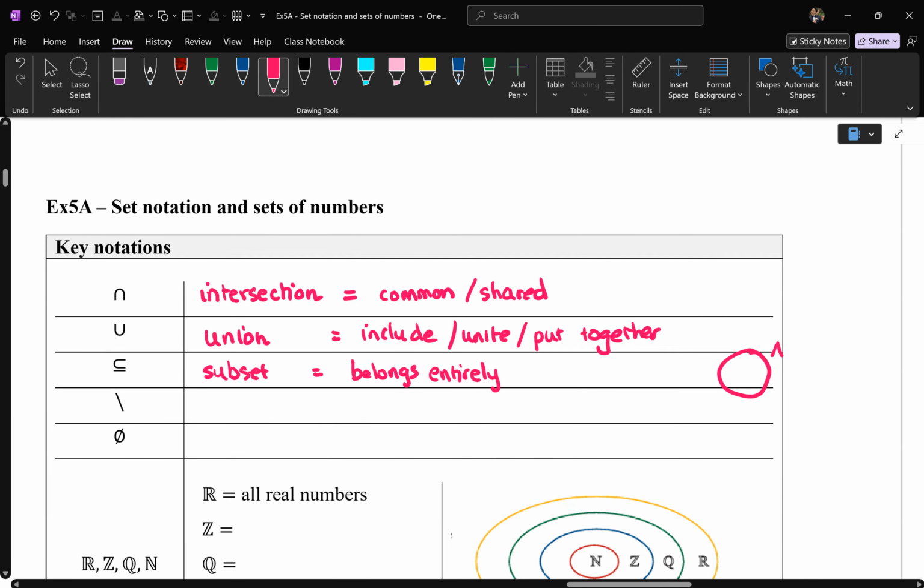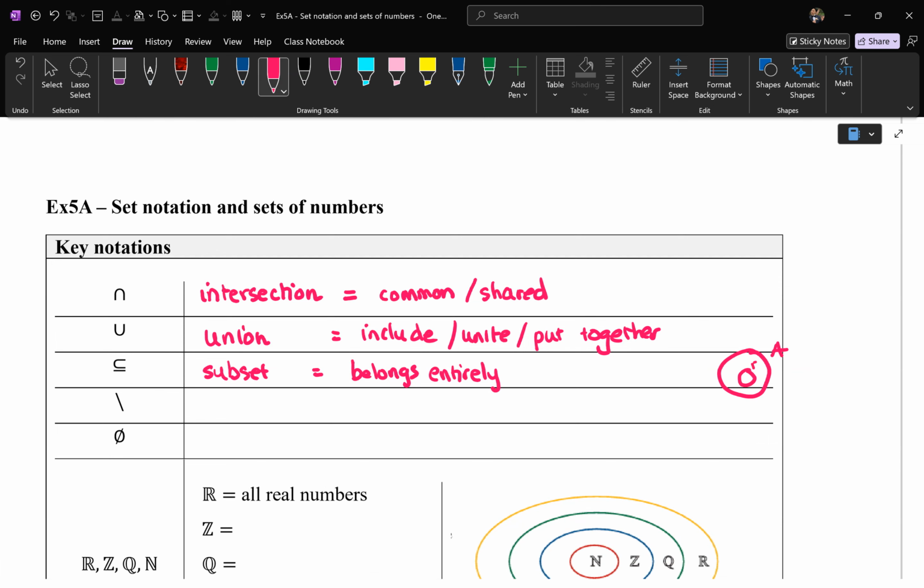So if this is group A, then group B, if it's totally within A, that's called a subset. It's within it. So if you think of numbers, I could say A is the numbers 1 to 10, and B is the number 3. So if A was all the numbers from 1 to 10, and B was just the number 3, or 3 and 5, it's a subset of A. It's a part of it.